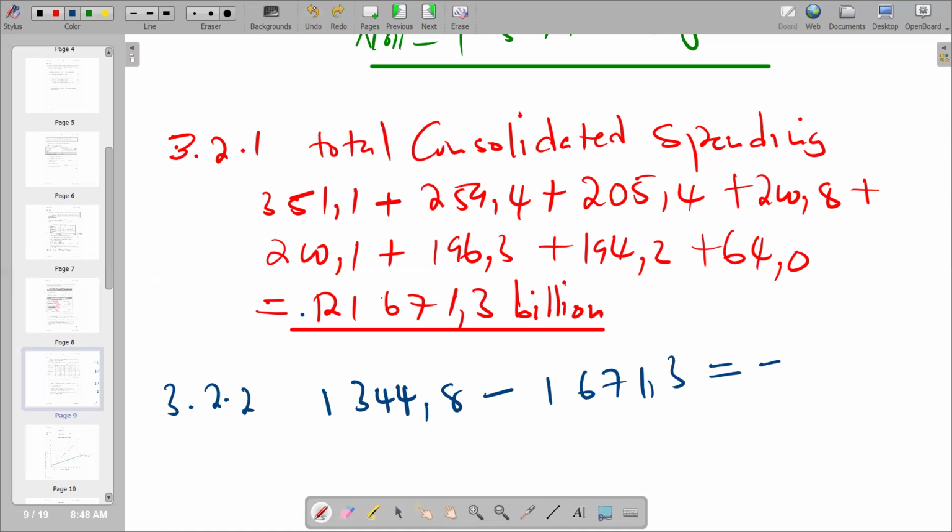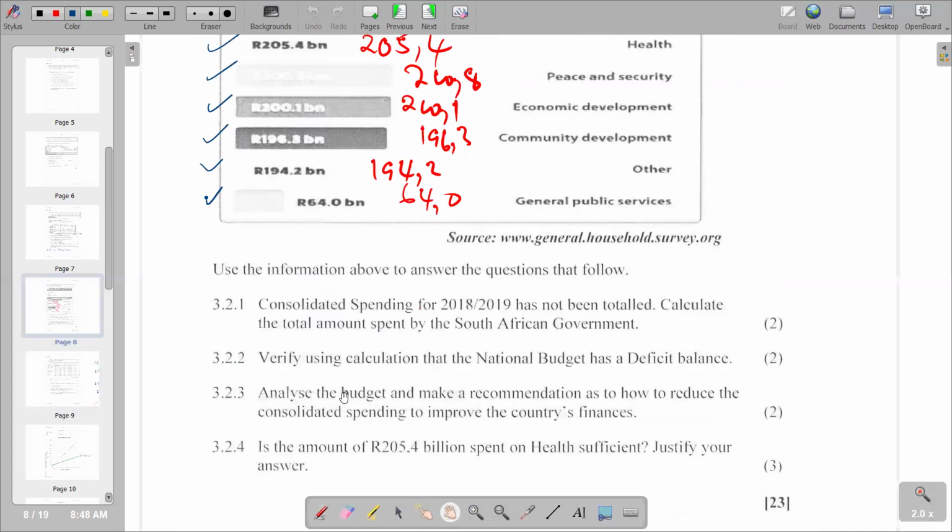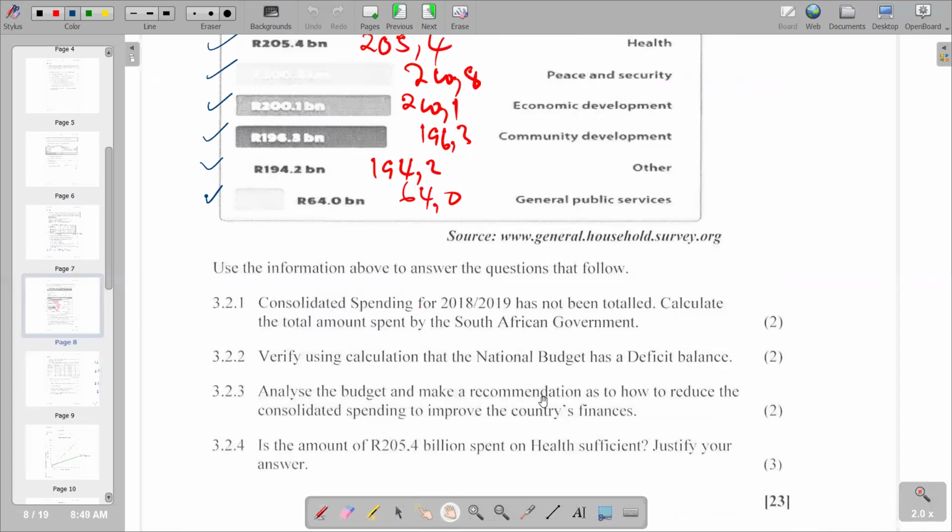So obviously we are presenting our figures in rands, and this one is negative 326.5 billion. So this negative represents that it's a deficit. So that's how we've proven that. And then we move on to the next question: analyze the budget and make a recommendation as to how to reduce the consolidated spending to improve the country's finances.